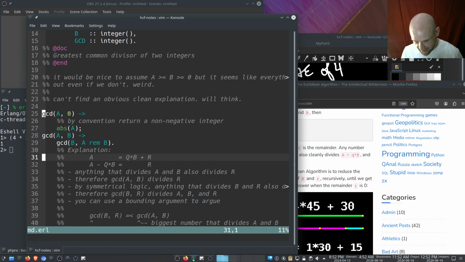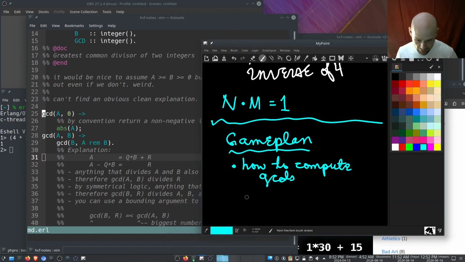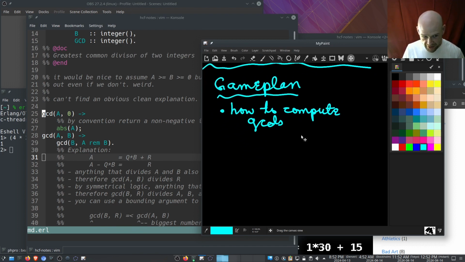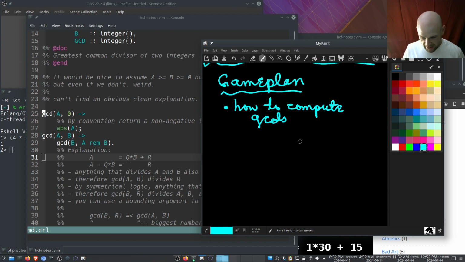Because whenever you say a word like biggest or smallest or best or whatever, there's implicitly some sort of ordering operation that you're referring to. And the ordering operation we're referring to actually is the divisibility graph on integers.